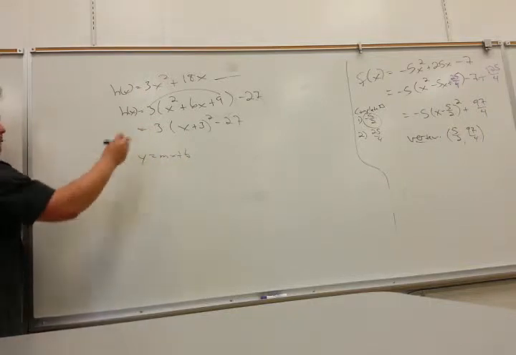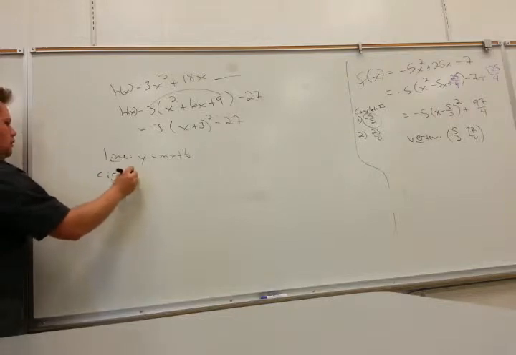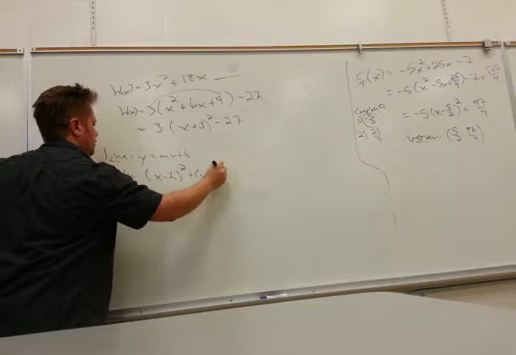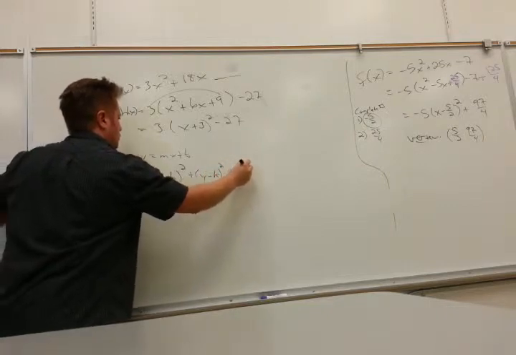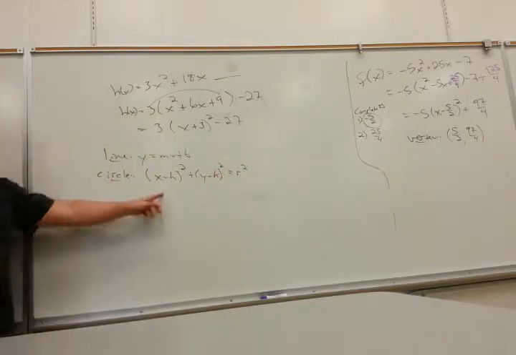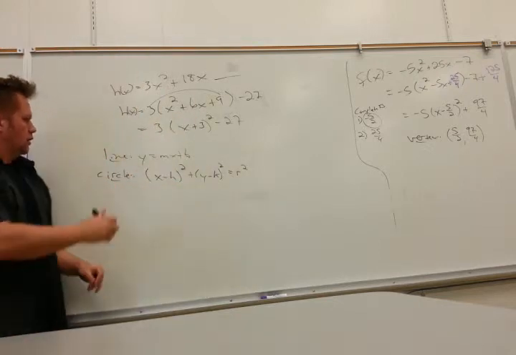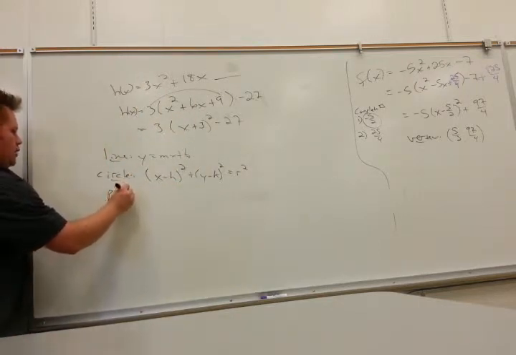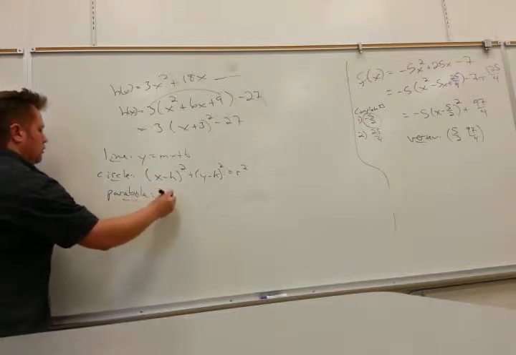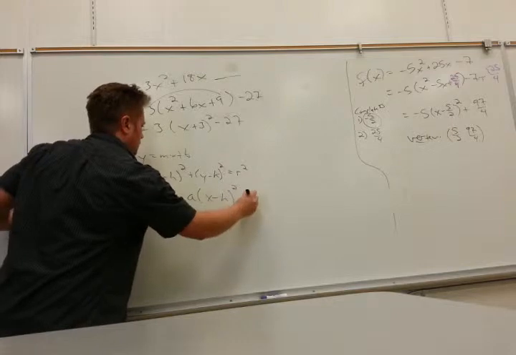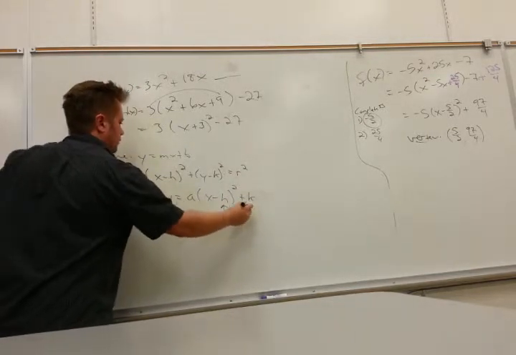A circle is x minus h squared plus y minus k squared equals r squared. Remember that? h, k would be the center. And then for a parabola, where this is the vertex.